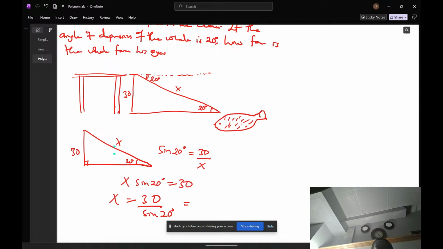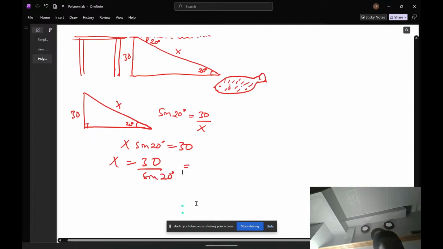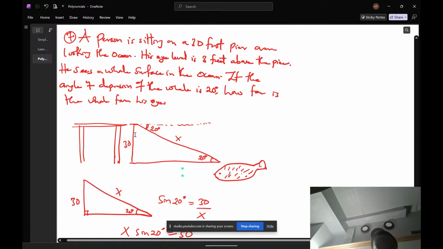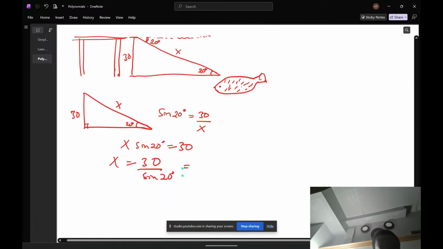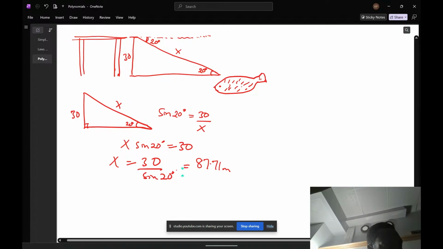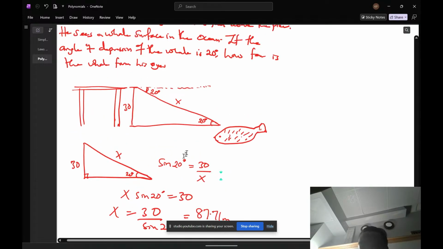Now let's do 30 divided by sine 20. That's 87.71 meters.